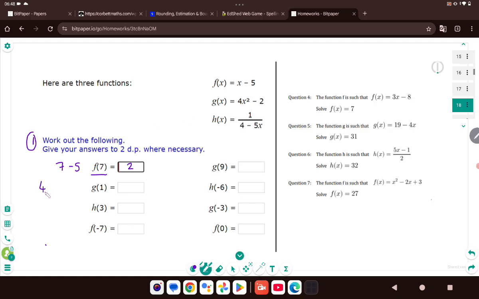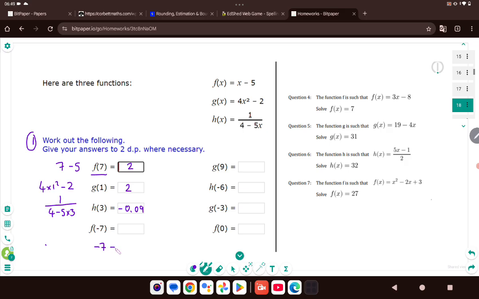So 4 times 1 squared minus 2. 1 squared is 1, times 4 is 4. 4 take away 2 is 2. h of 3, so 1 divided by 4 minus 5 times 3. You've got minus 1/11, so to 2 decimal places, minus 0.09. f of minus 7.